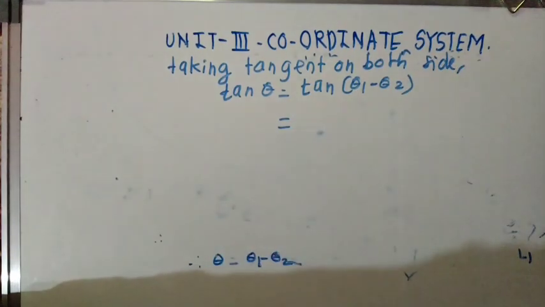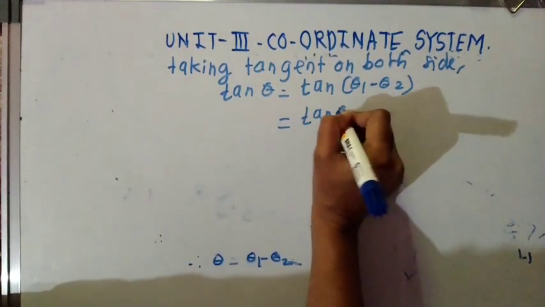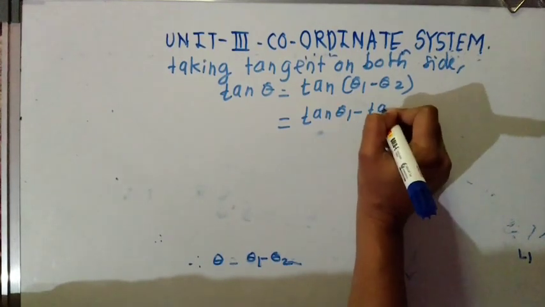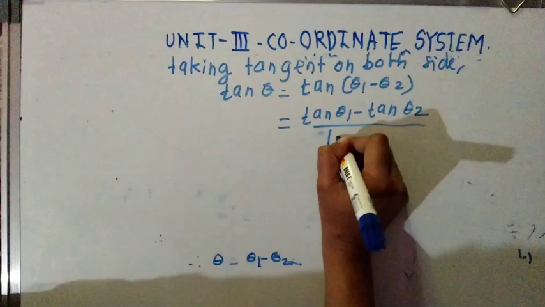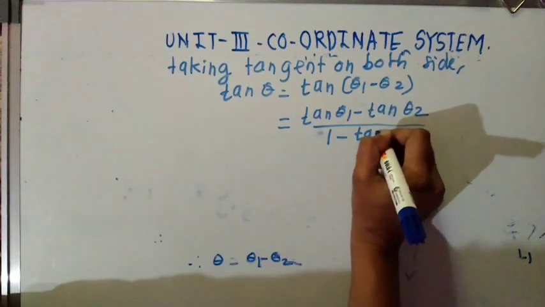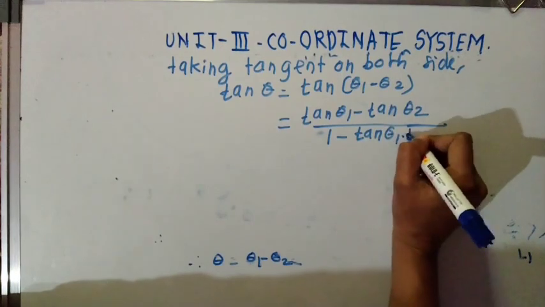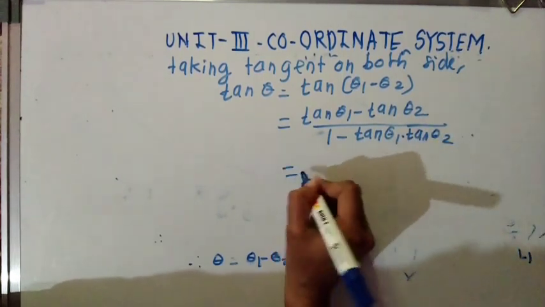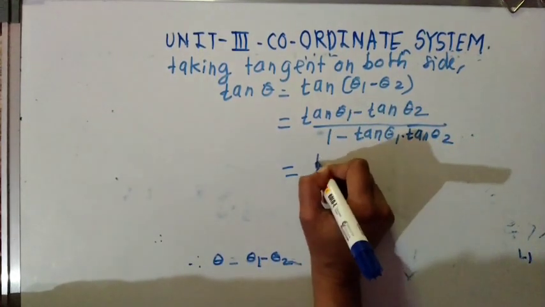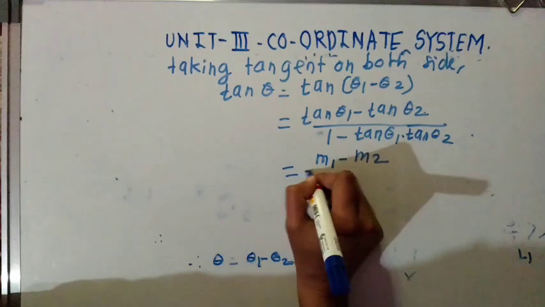But we know that tan of A minus B is equal to tan A minus tan B upon 1 plus tan A into tan B, so tan theta 1 minus tan theta 2 upon 1 plus tan theta 1 into tan theta 2. But tan theta 1 is m1 and tan theta 2 is m2.